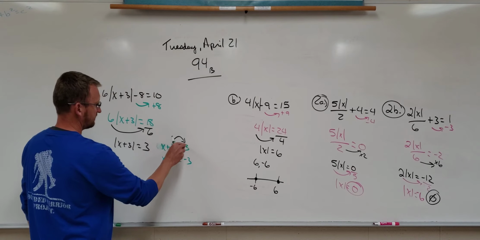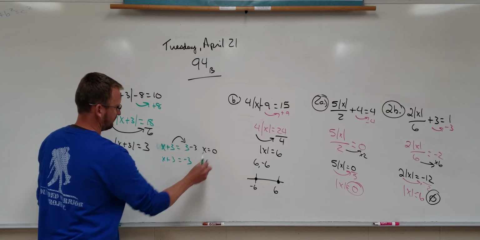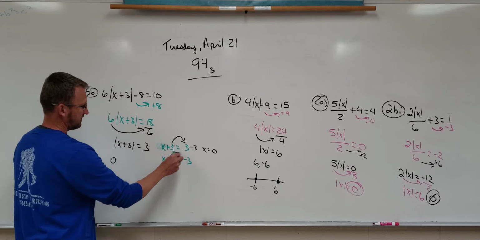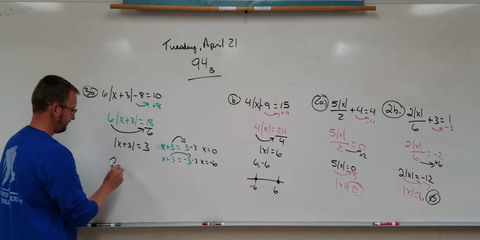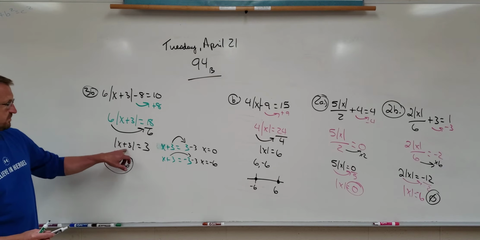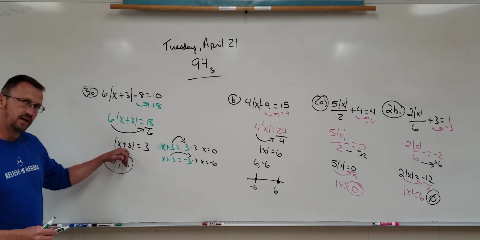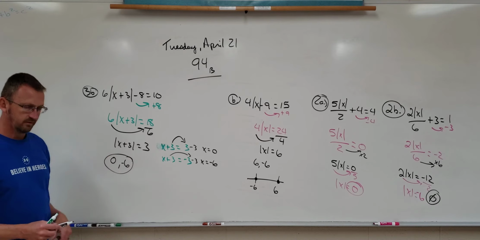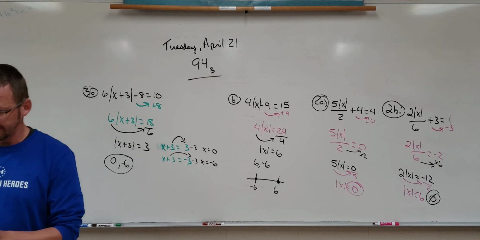In this case, we take that over and subtract, so x would equal 0. Take this over and subtract, x equals negative 6. So 0 and negative 6. Negative 6 plus 3 gives me negative 3, but the absolute value of negative 3 is 3. So pay attention to those, be careful with those.